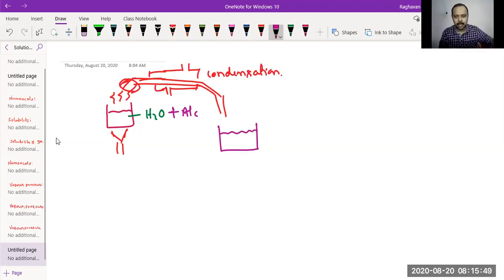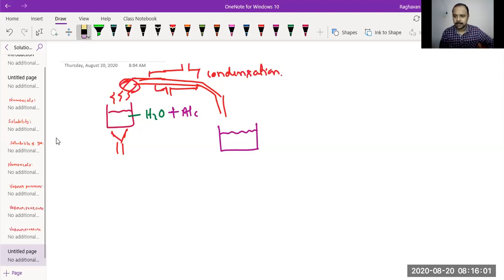Between water and alcohol, which is volatile? If you keep alcohol in a container and water in a container, in the open atmosphere, which will evaporate faster? Alcohol. Alcohol is volatile. Pure alcohol, if kept in a container, evaporates by itself. Correct.